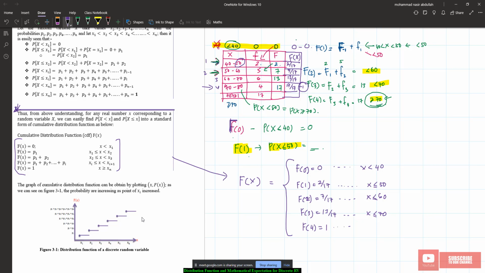For the last one, it is always equal to 1. 17 divided by 17 is equal to 1. X is more than 70. Okay, so this is how we express the cumulative distribution function.